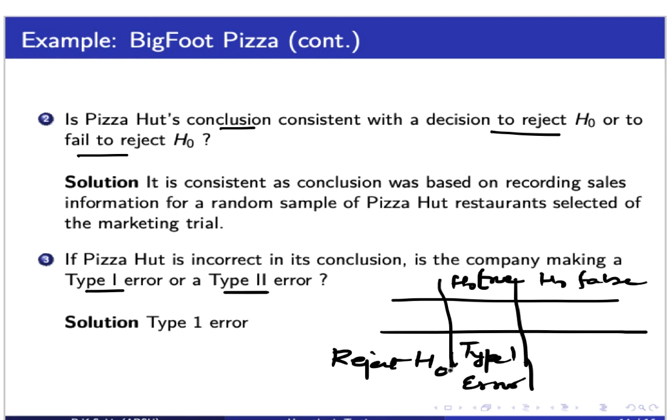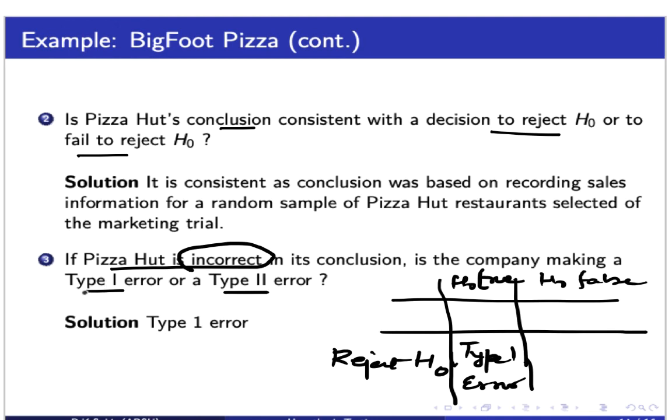Now, let's look at this fact. Let's read the question again. If the Pizza Hut was incorrect in its conclusion, the thing we have to keep in mind is the conclusion is their mean percentage sales have increased. But this has not worked. Do you see that here? The mean percentage sale did not actually increase.